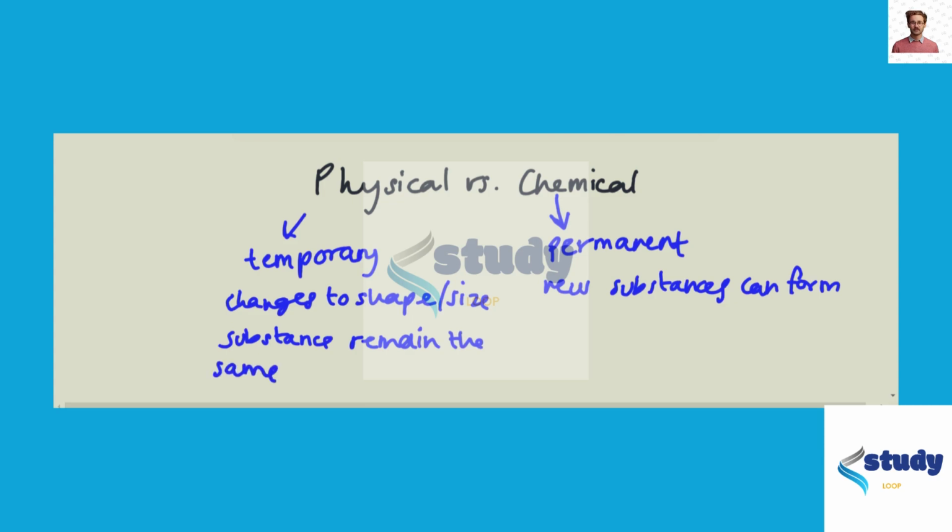In chemical processes, you may see changes such as color changes, for example. In physical reactions, you can see changes such as shape, for example.